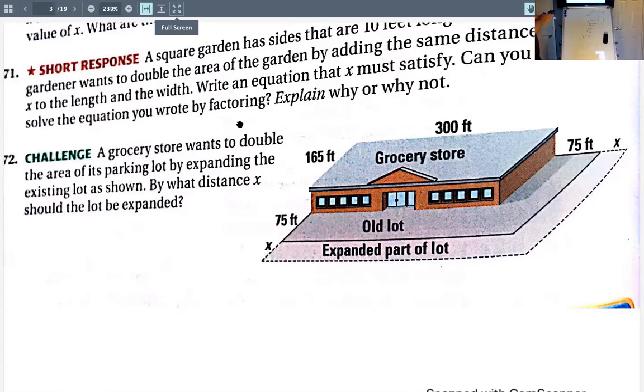You need to subtract that from the other one. So here we go. 165 plus 75, I get 240. And then the other one's 375. So 240 times 375 is 90,000. And I'm going to subtract 49,500.